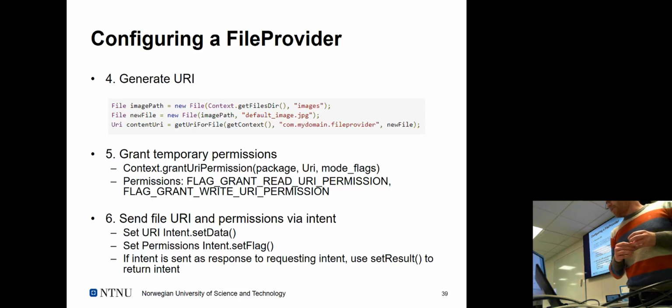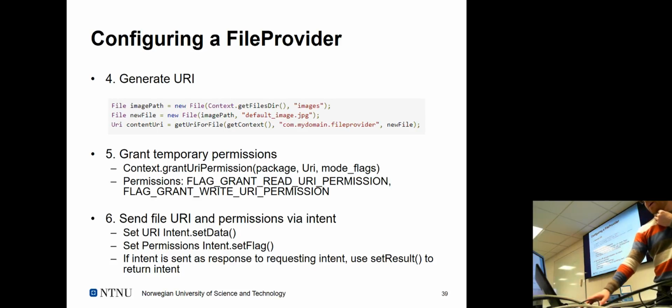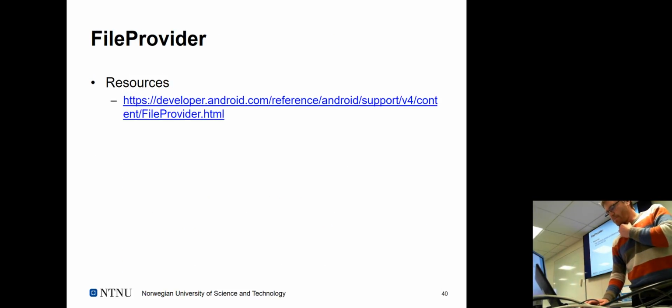Then you can use the URI that you have generated for this particular file provider in intents. So you can request file content, for example, and have the file content returned to you if you address the file provider. If you want to iterate through that, go through those 3 slides. They sum up the essential steps you need to do in order to use it in practice. But again, it's more like a specialization of the content provider, specific for files.